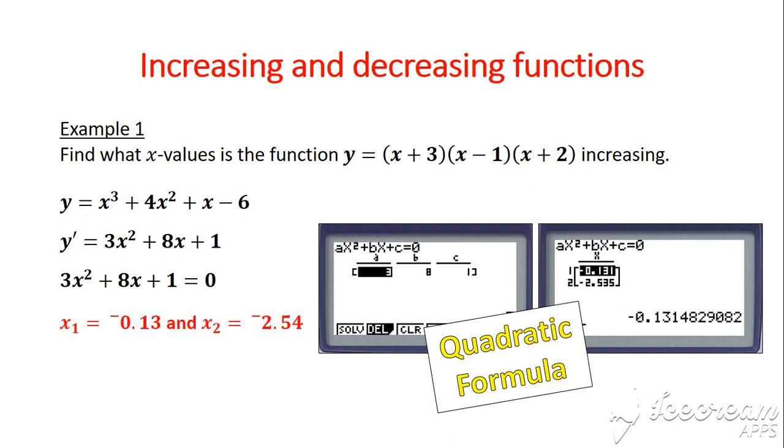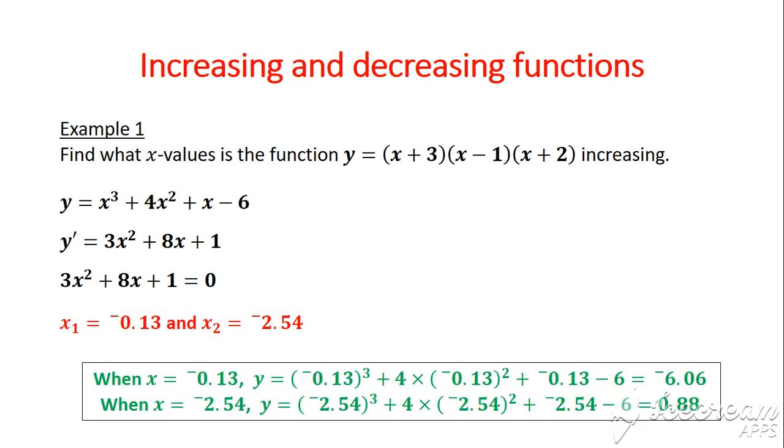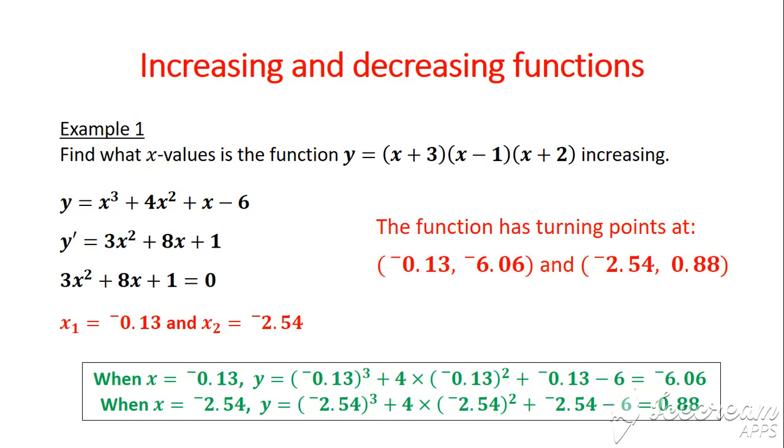The two solutions are negative 0.13 for x and negative 2.54 for x. If you wanted to find the y values, you could go back and substitute each of the x values into the y rule to get the actual coordinates of the turning points. But we don't actually have to do that in this example, so we're just going to move on past that.